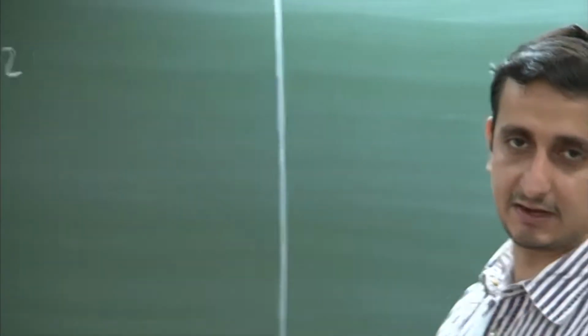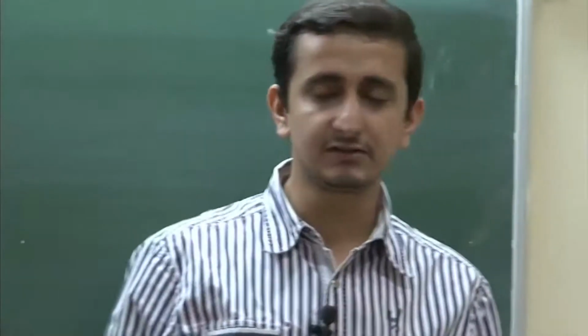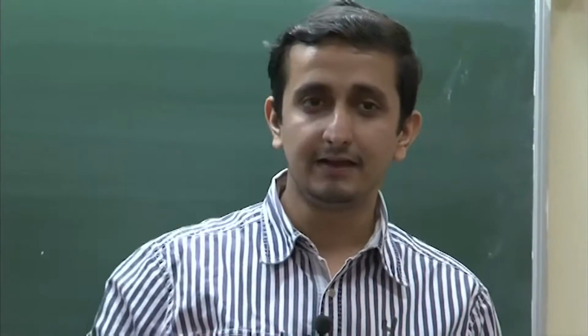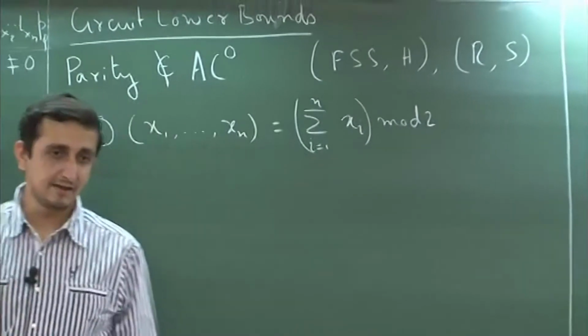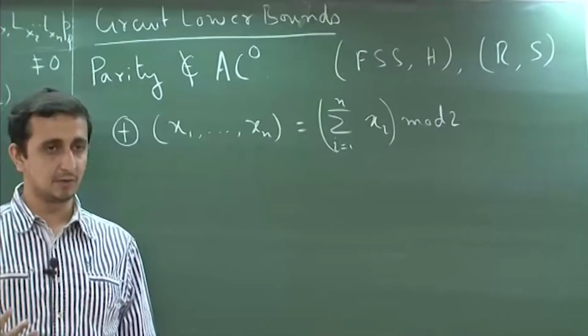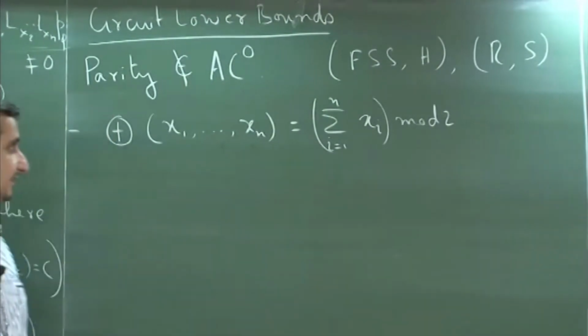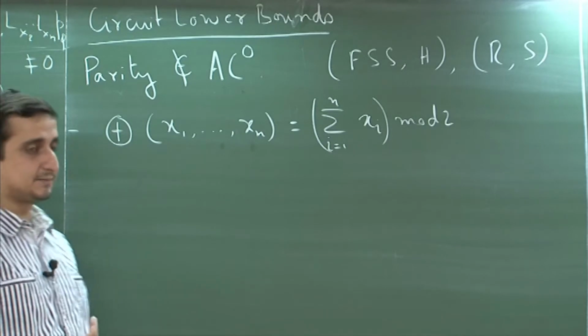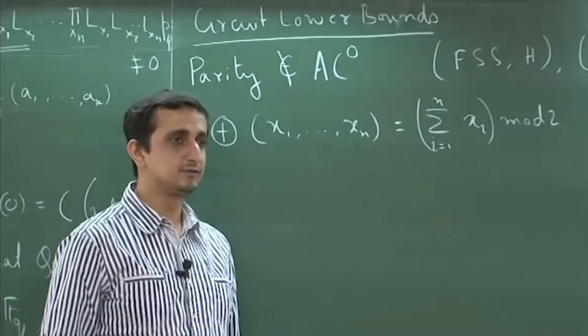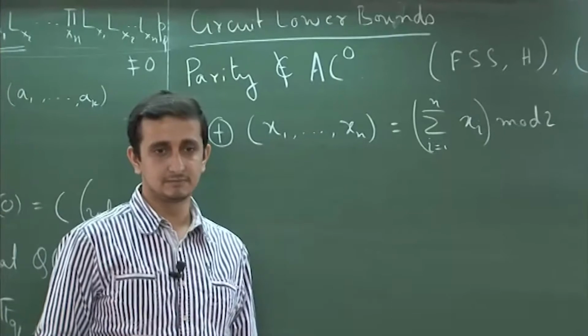In the first part they argue that any AC0 circuit can be approximated very well using a certain kind of polynomial. Whatever function is computed by an AC0 circuit can be approximated by a nice polynomial. And in the second part they show that the parity function cannot be approximated to any good approximation factor using such nice polynomials.